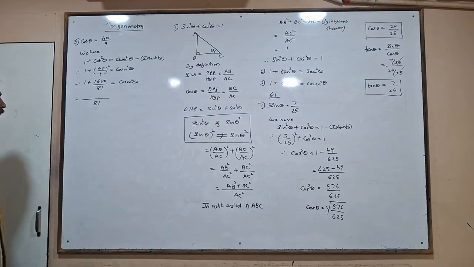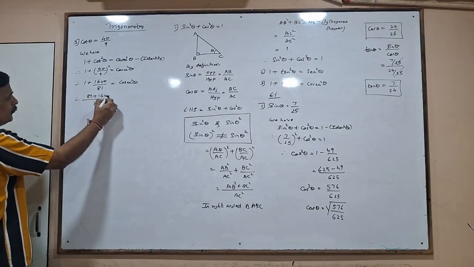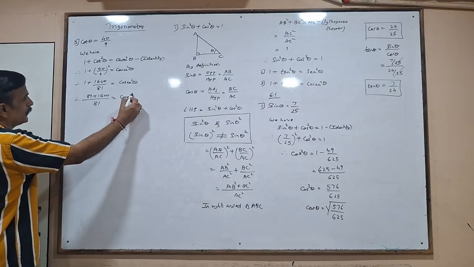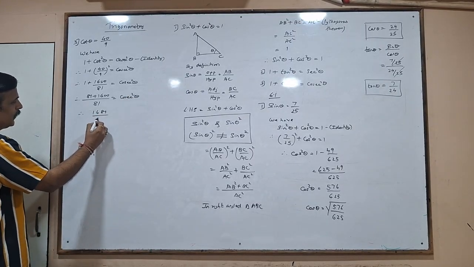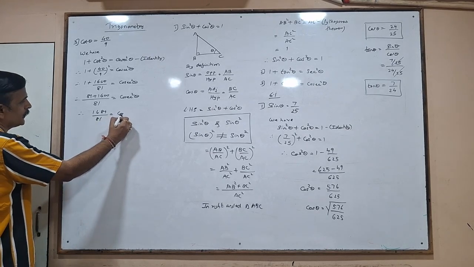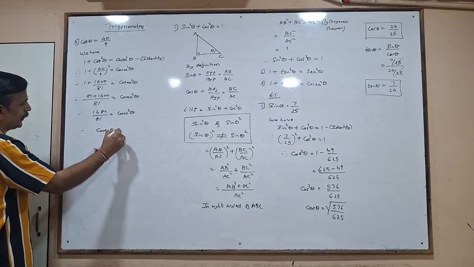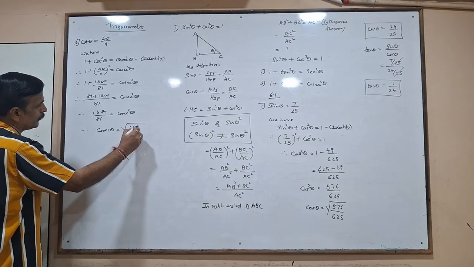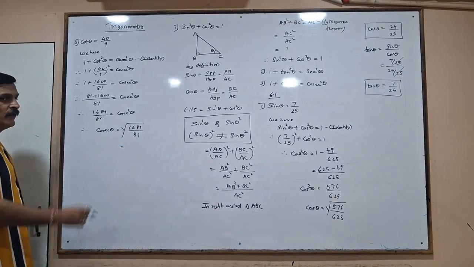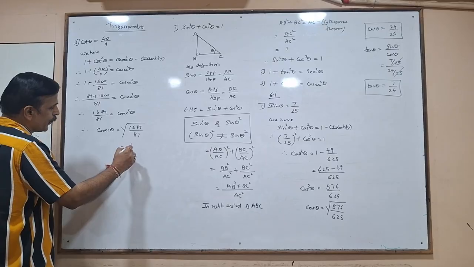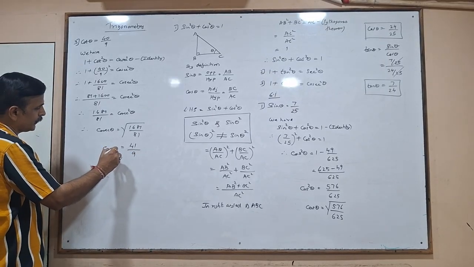Taking the LCM, 81, 1 into 81 is 81, plus 1600, so 1681 upon 81 is equal to cosec square theta. So cosec theta will be square root of 1681 upon 81. 1681 is the square of 41. And 81 the square root is 9.